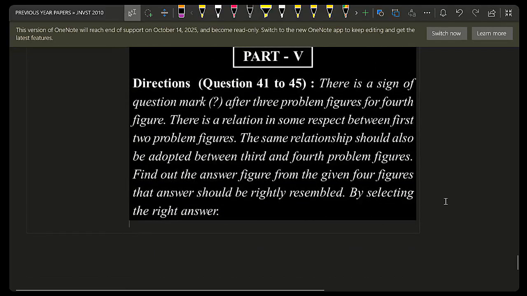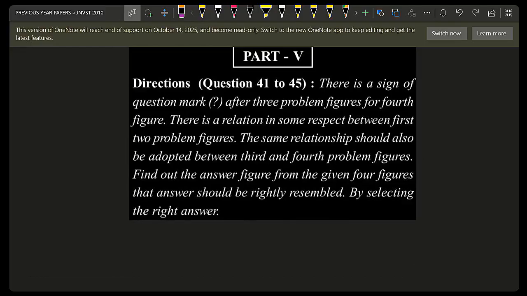There is a question mark after 3 problem figures for the 4th figure. There is a relation in some respect between the first 2 problem figures. The same relation should also be adopted between the 3rd and 4th problem figures. Find out the answer figure from the given 4 figures. This is an analogy based question.